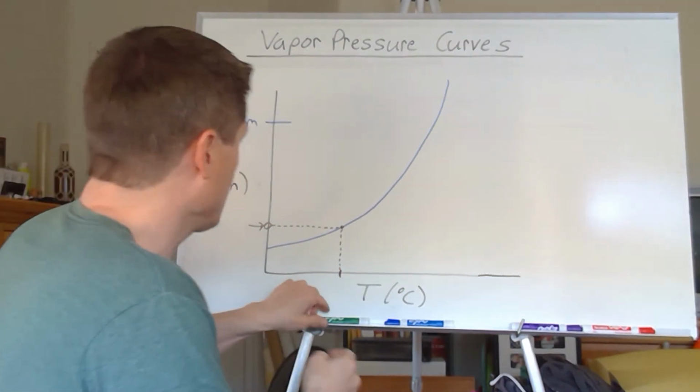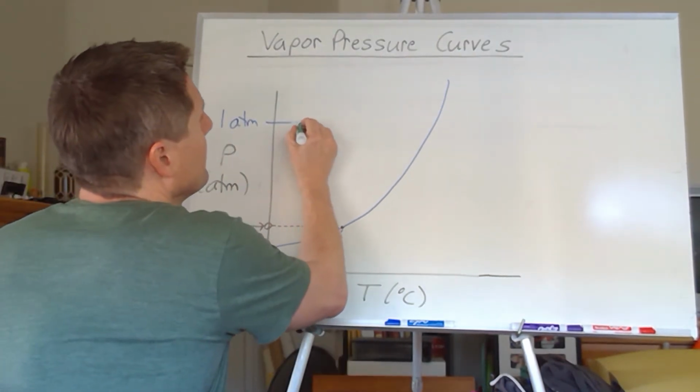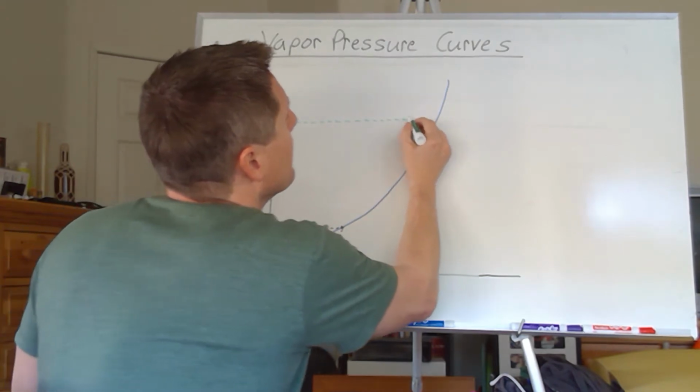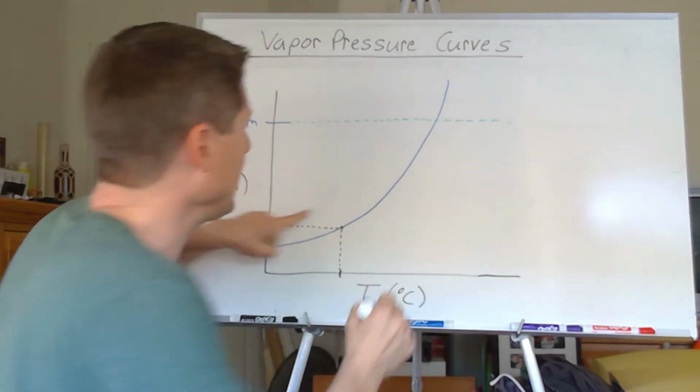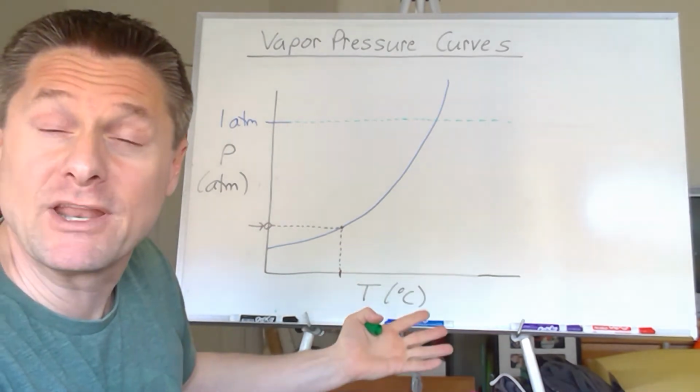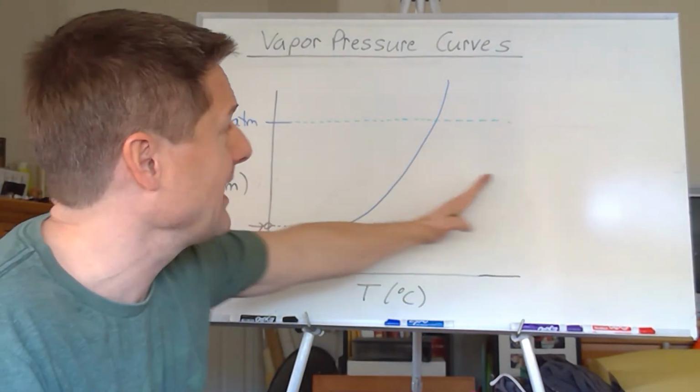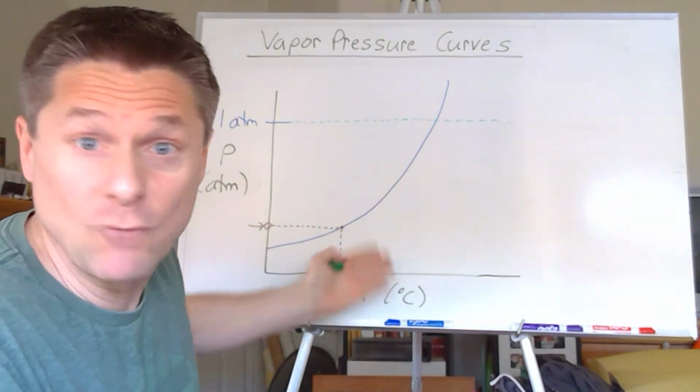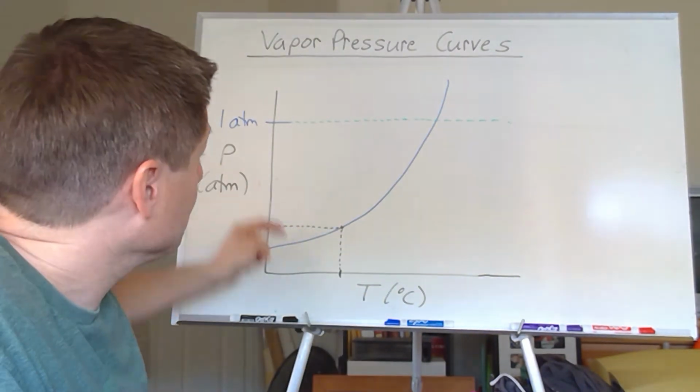So if we look across here and let's draw a line across, different liquids have different intermolecular forces, so the curve will look the same, it will just be shifted over. No big deal, but it's the same idea for every liquid.